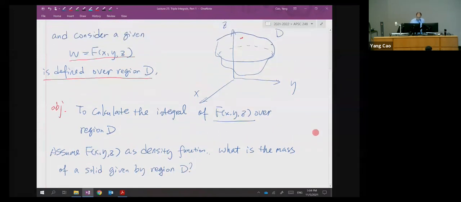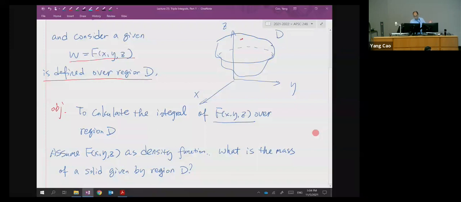Your region D here is already a 3D region, assuming it represents a 3D object, and the object has density f of x, y, z. Then what is the total mass of this 3D object? It's a physical meaning type of question, but the objective, as you will see, is exactly the same.